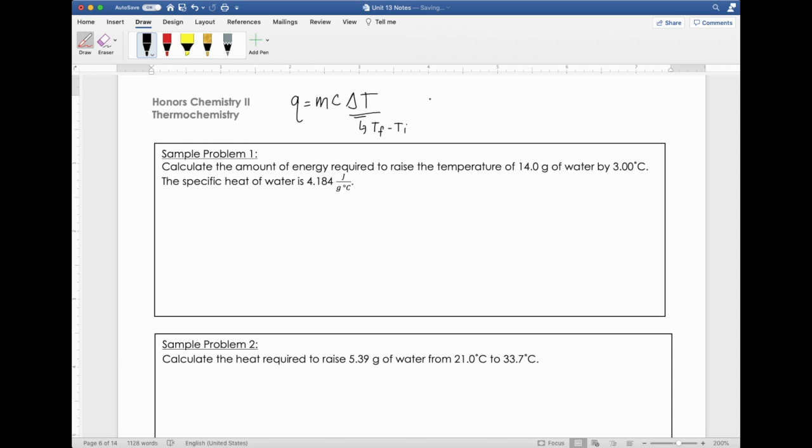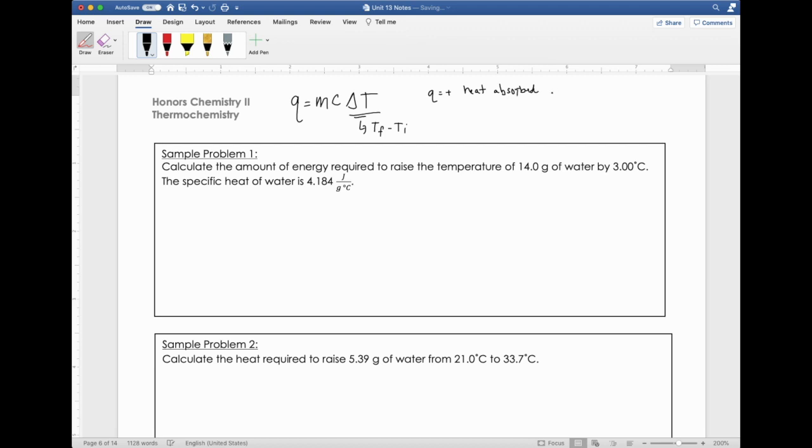But Q is going to be either positive or negative, depending on whether or not your final temperature is greater than or less than your initial temperature. So Q is going to be a positive value when heat is absorbed. So we'll say heat is absorbed in the system.